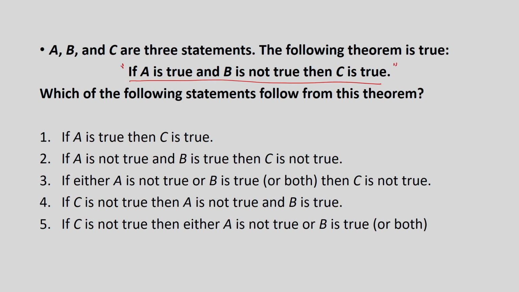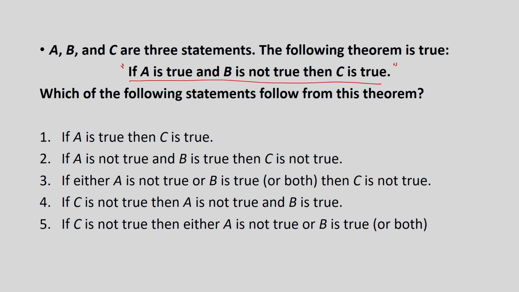And fifthly, if C is not true, then either A is not true or B is true or both. All right. So, these are the 5 options.